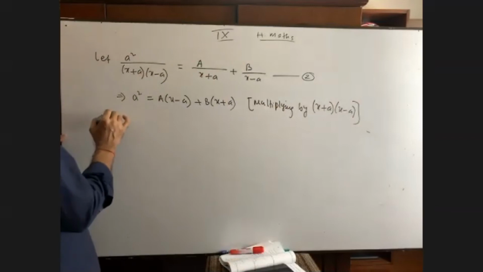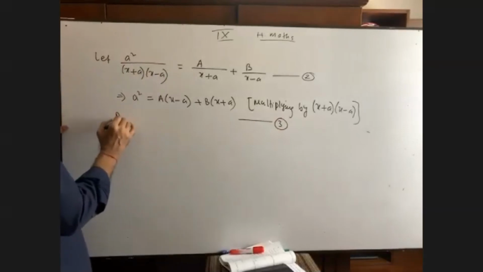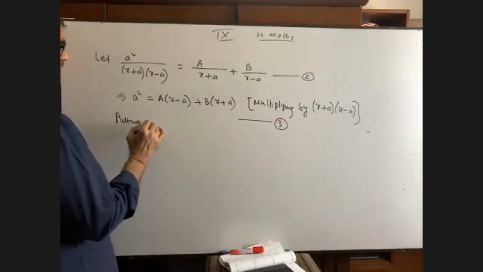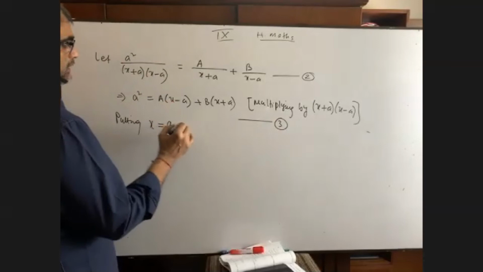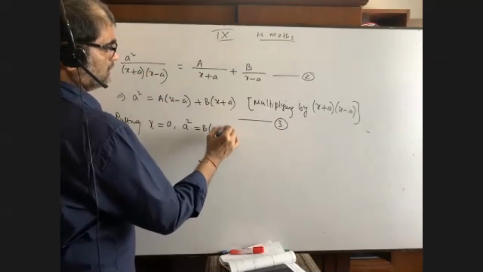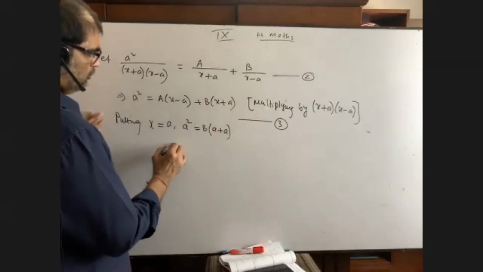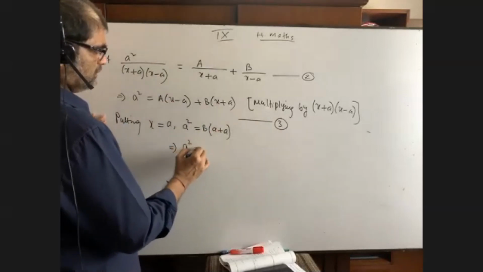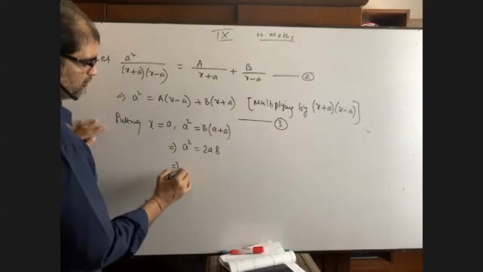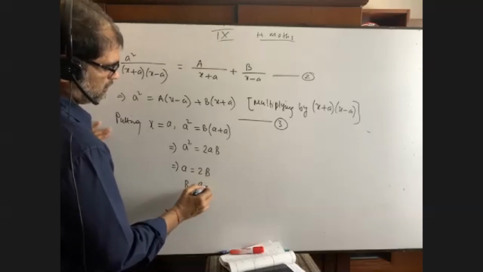Putting, now you give here equation 3, x equals to a, we get a square equals 2ab. A will be omitted, that is a equals 2b. So b is equal to a by 2.